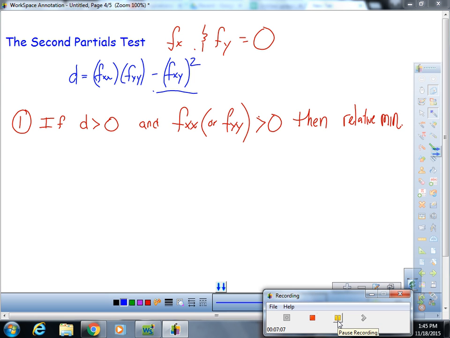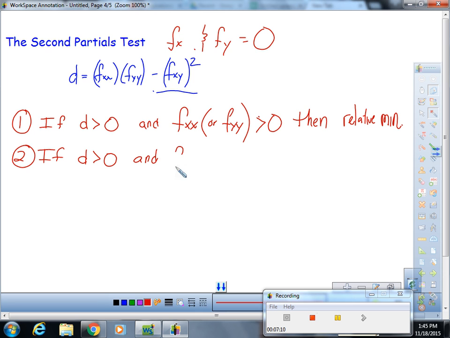Rule number 2. If D is positive and the second partial is negative, negative makes me frown, then relative max.